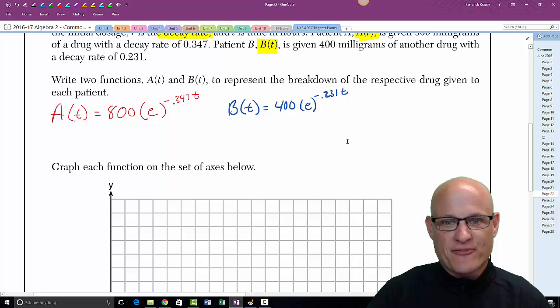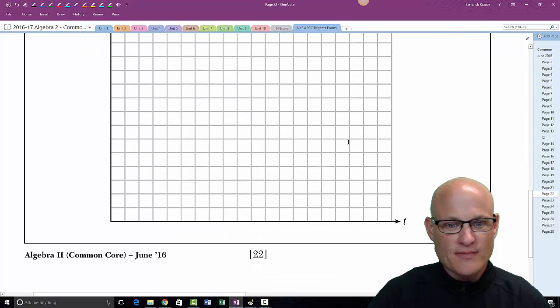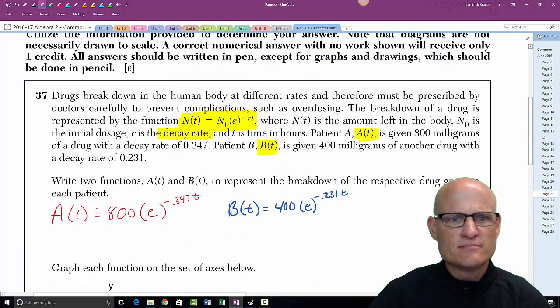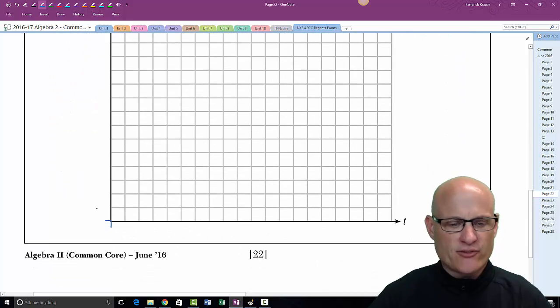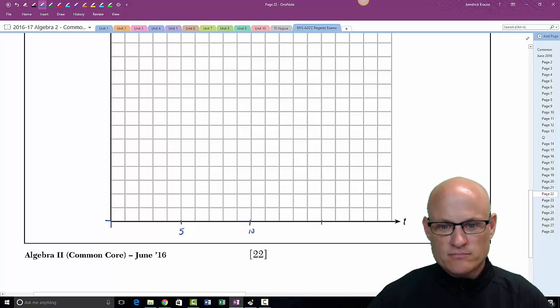All right, so we got to graph these things on here. So let's see. What was this? The breakdown of a drug. All right, so let's try. I'm just going to go by fives. 1, 2, 3, 4, 5. 1, 2, 3, 4, 5. 10. 15. 20.